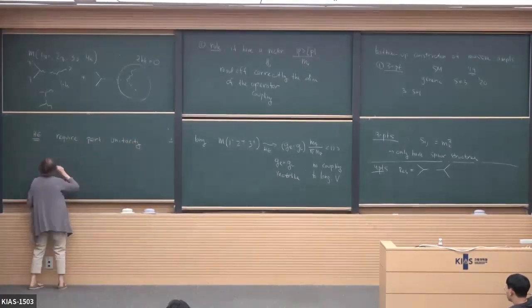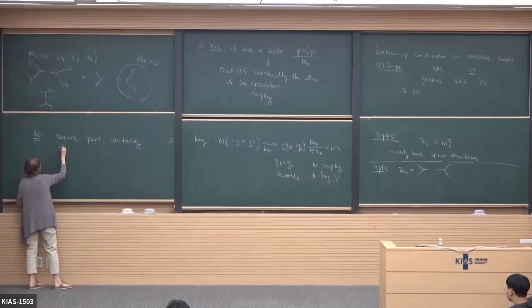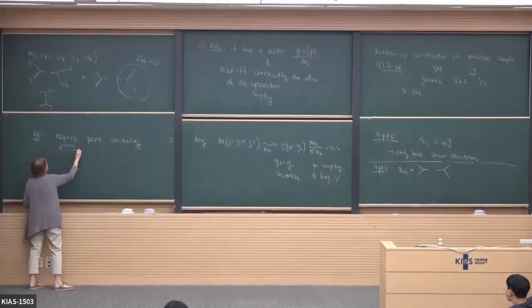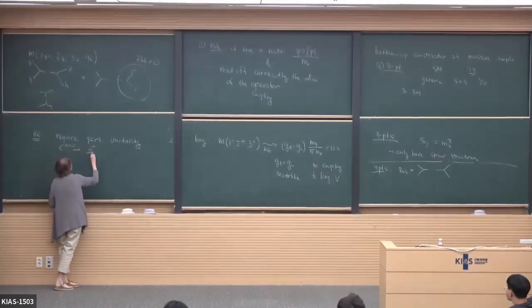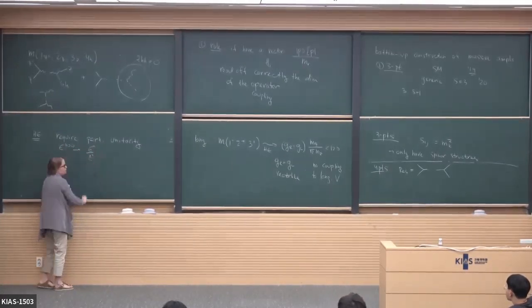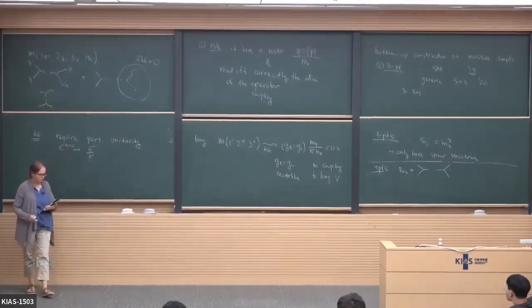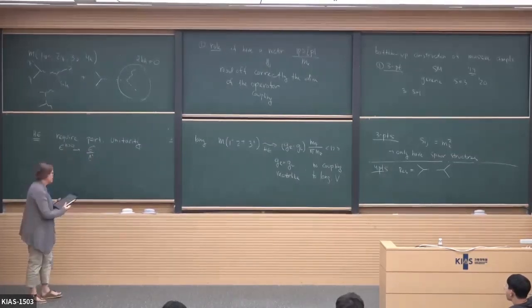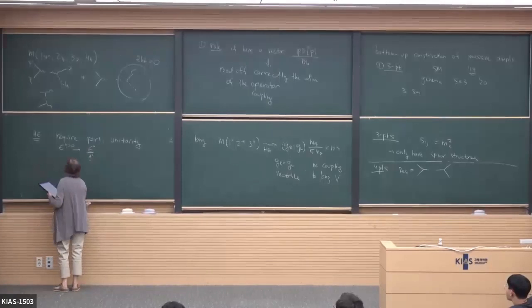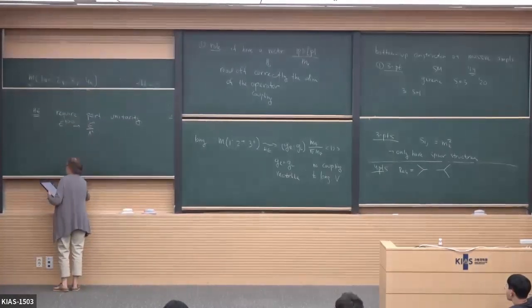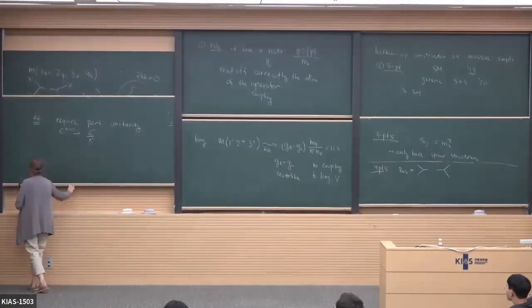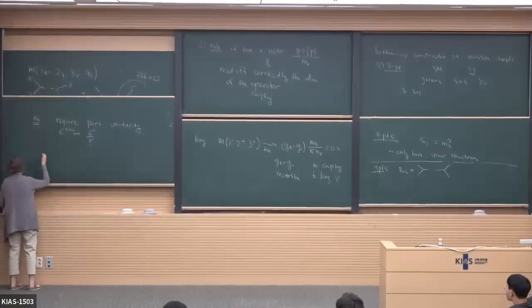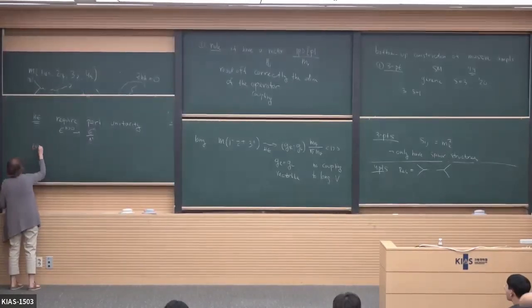What that means is that if I have any terms with E to some power that's bigger than 0, they should come as E to the n over lambda to the n, where lambda is the cutoff. In this case, the highest energy behavior that we find is order E.